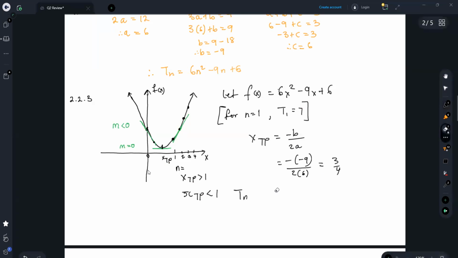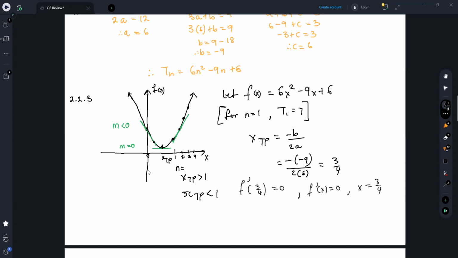Okay, so now how would we phrase that to someone who understands mathematics, or someone who's marking for us at the center? We can say, well, for the derivative at 3 over 4, that gives us 0, so we're showing that that's the turning point. Or someone else could say the derivative is equal to 0 for x equals 3 over 4.